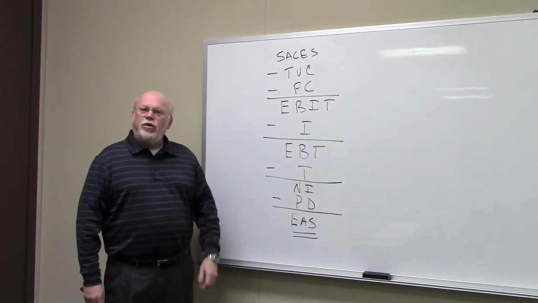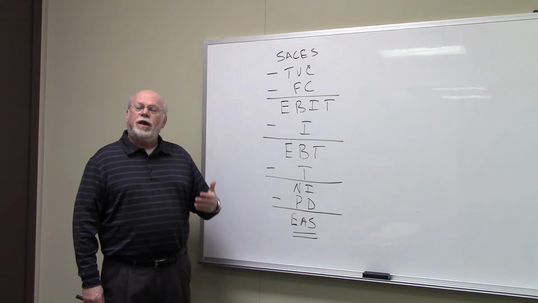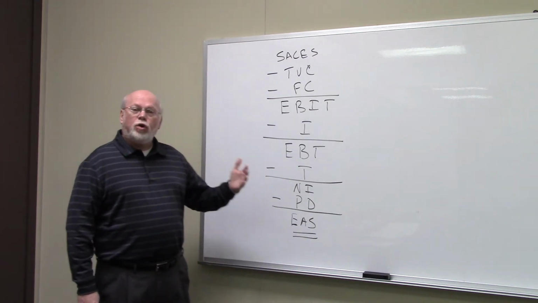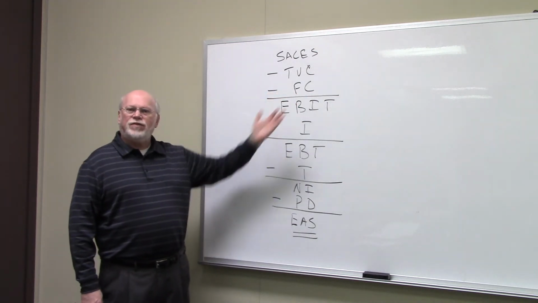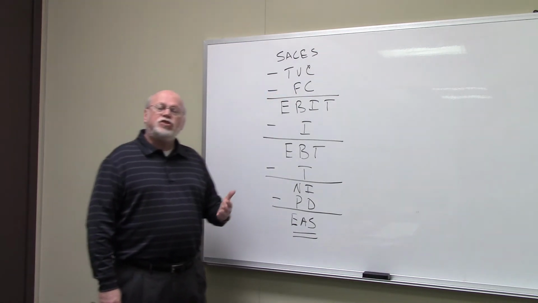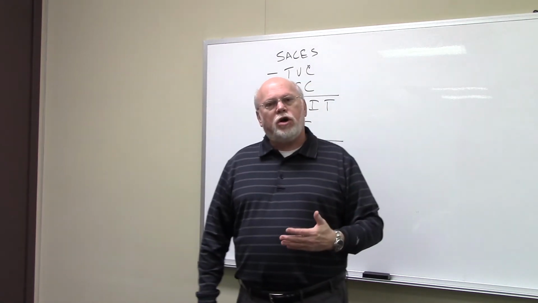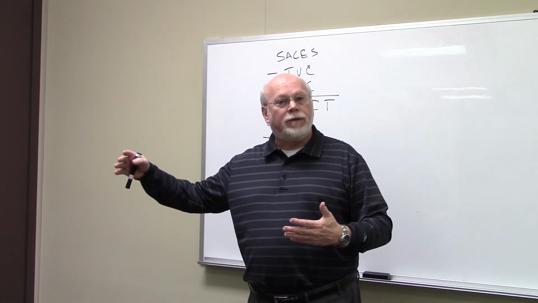After sales now, you have the costs, what are called the operating costs of the company. Variable cost and fixed cost. Now, total variable cost, TVC, fixed cost, FC. Now, these are the operating costs of the company. Variable costs are costs that fluctuate with sales, with revenue.